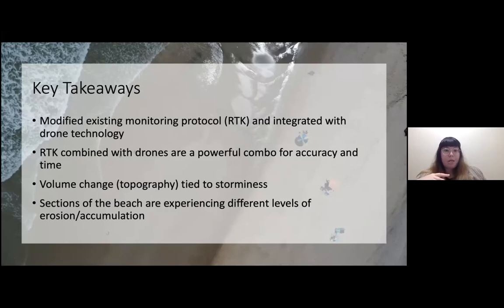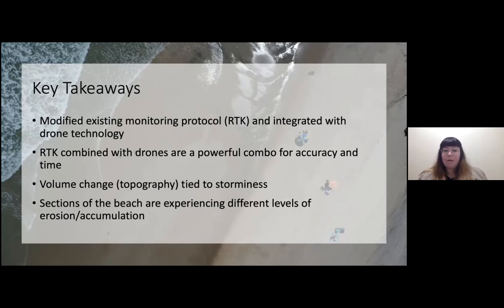And the RTK combined with drones and structure from motion are a really powerful combo, both in terms of accuracy, providing us really high resolution data, and time. It saves us a lot of time rather than going out and collecting back-to-back RTK surveys, where we can spread those out a bit more, combine with the drone information to fill in those gaps, and still get really great quality data.